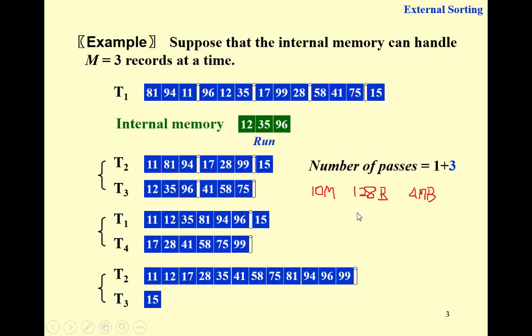So there are going to be 320 runs, right? So the number of passes will be 1 for the first run generation plus log of 320, right? Which is 9. So altogether, we're going to need 10 passes to sort them. So in general, it will be 1 plus log of n over m with base 2.